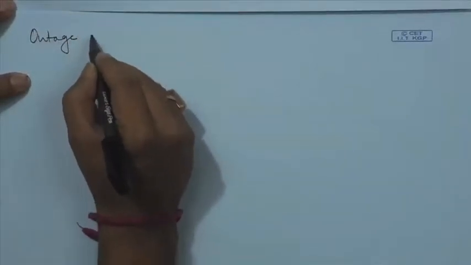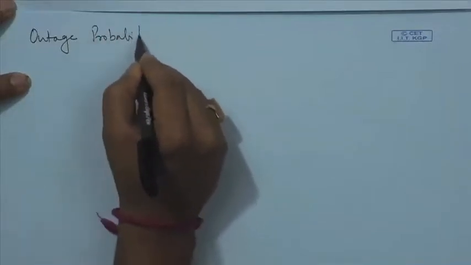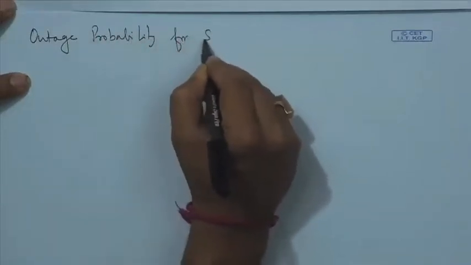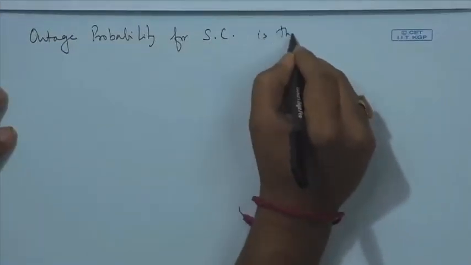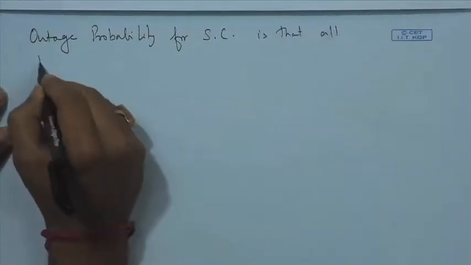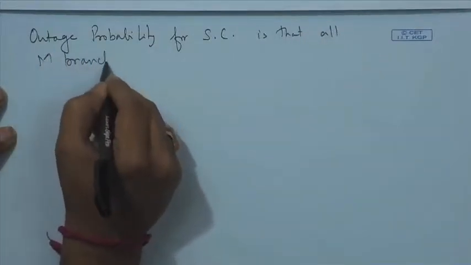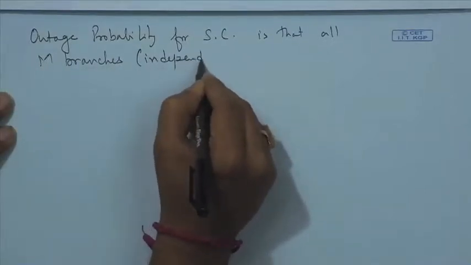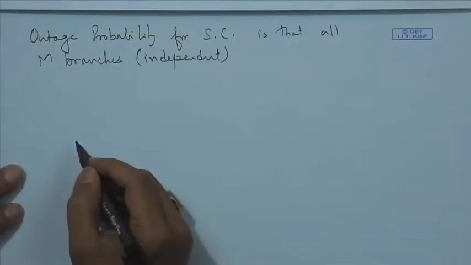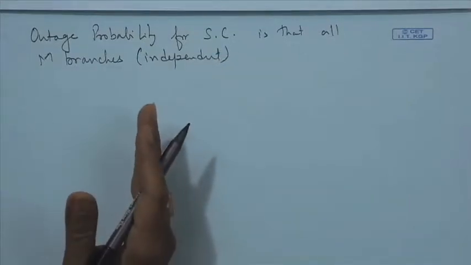The outage probability for selection combining, I will write in short SC, is that all M branches, where we assume independent, that means we are assuming the separation between the antenna elements is sufficient, that means it is more than the coherence distance, or it is more than lambda by 2 in case of p theta equals 1 by 2 pi.